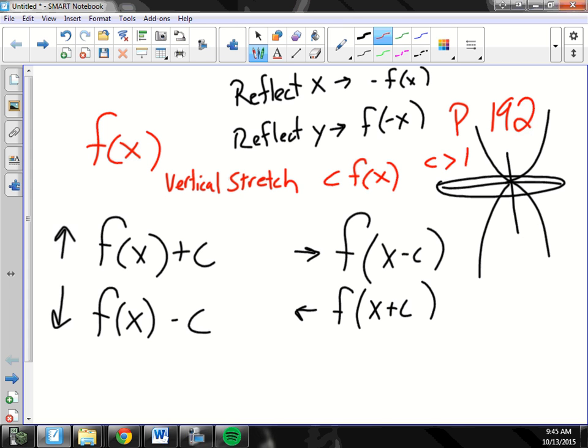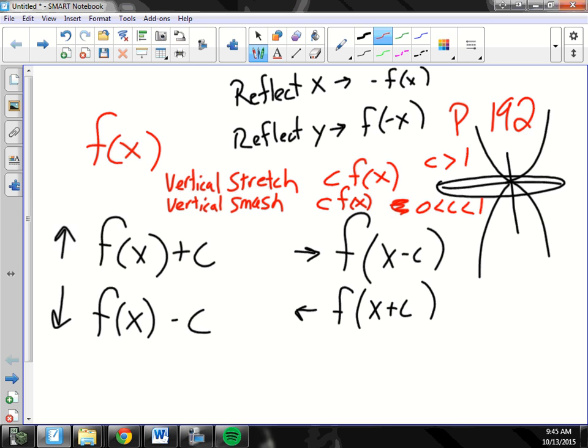How do you do a vertical smash, we'll call it? C f of x, but c is, it would be 0 less than c less than 1. So if that c value is a decimal, it's going to take all your y values and move them closer to the x-axis. If c is greater than 1, then it's going to stretch them.